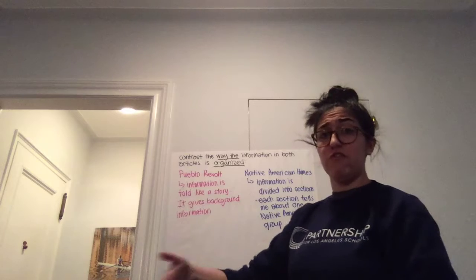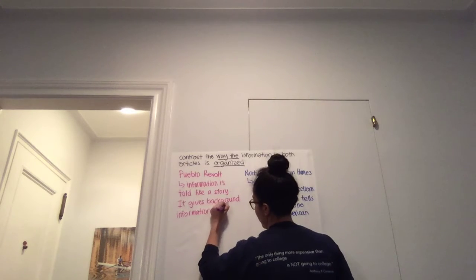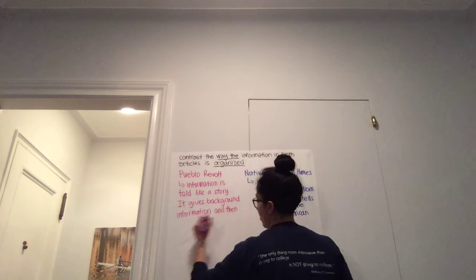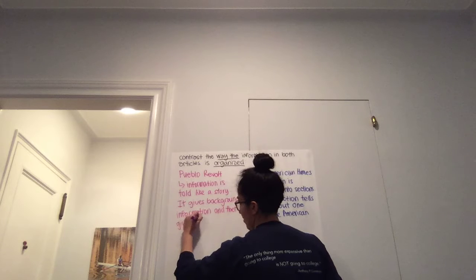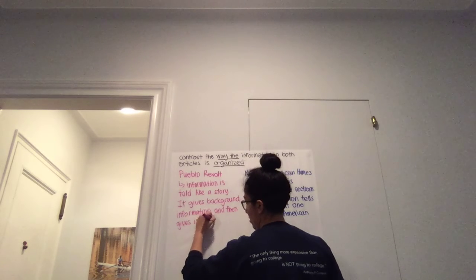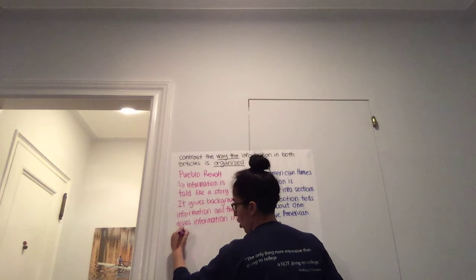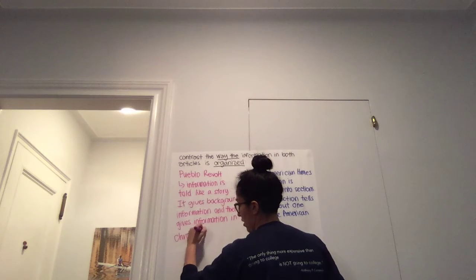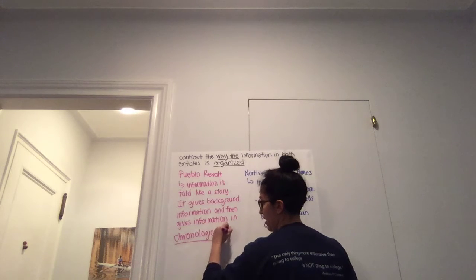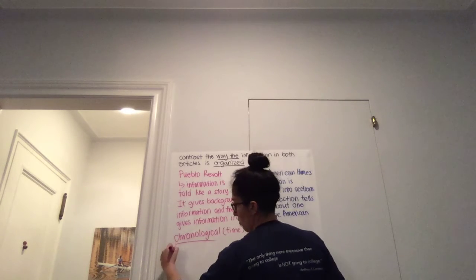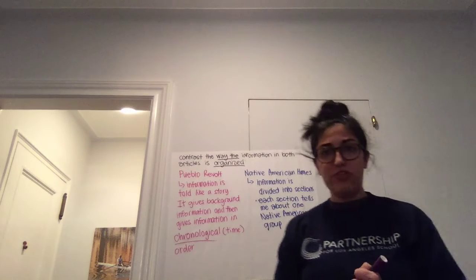It tells a story: first, next, then last. It gives information in chronological order, that means time order. So it says first this happened, then this happened, then this happened.